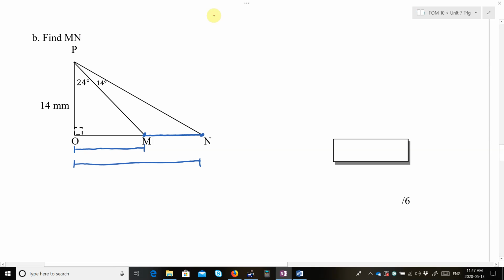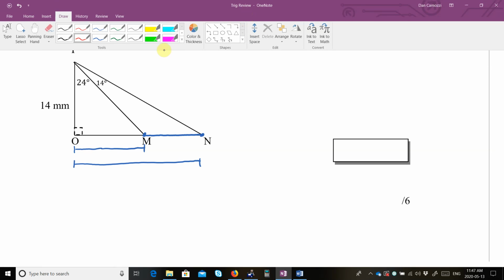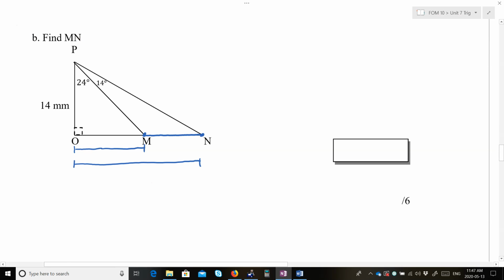Okay, so first things first, let's get the larger side, call this y, we'll call this one x. To get the length y, we're going to have to use this whole big triangle right here, right?